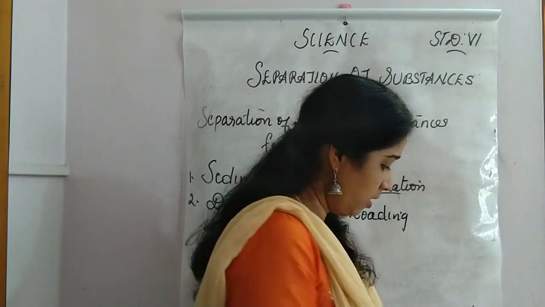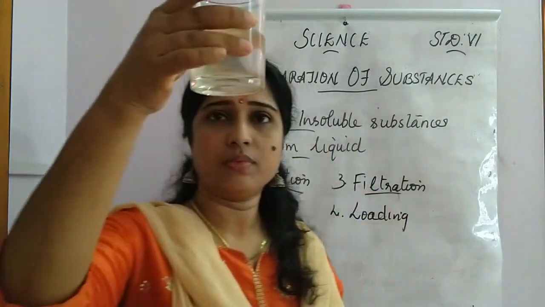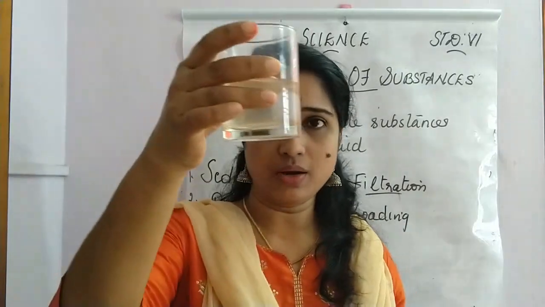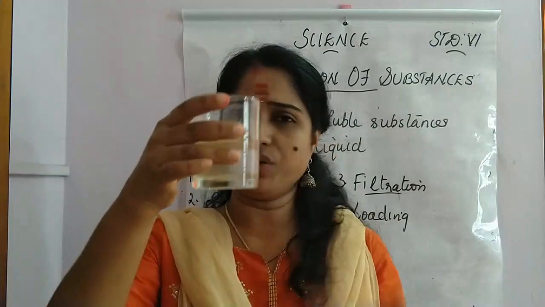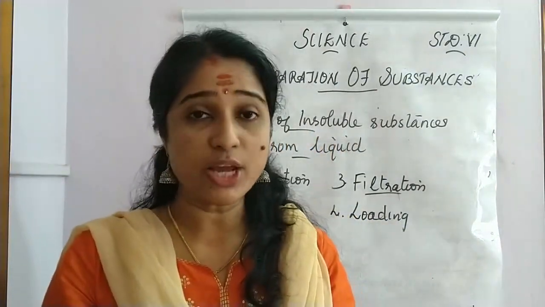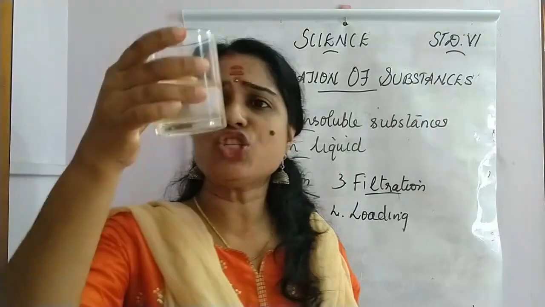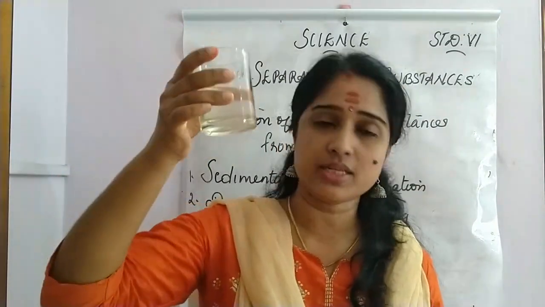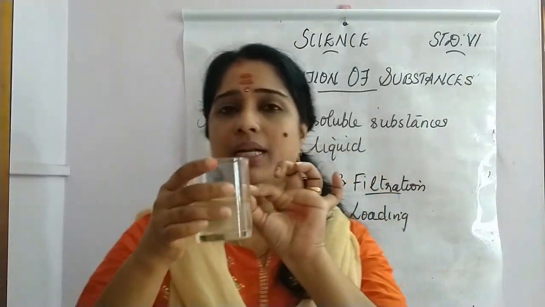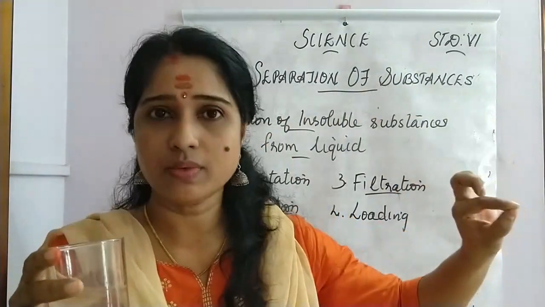See, when we observe this water, it is not very clear. Minute dust particles are there in the water, just observe it carefully. So it is not easy for me to filter it. When I use any type of filter, these dust particles can block the holes.